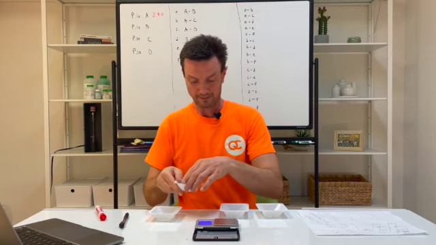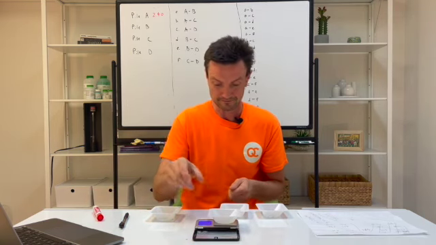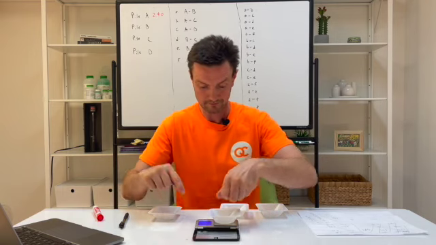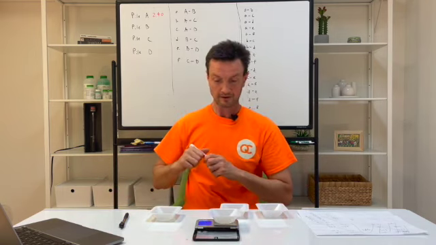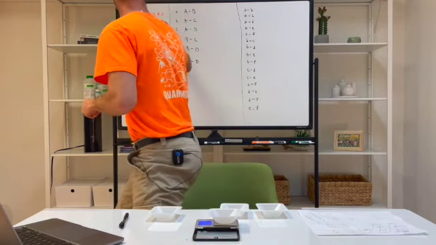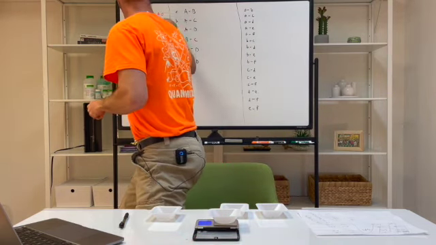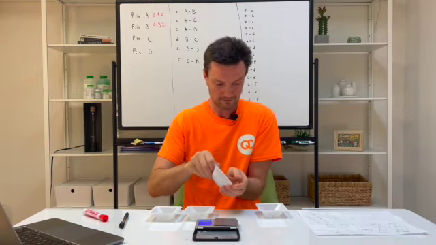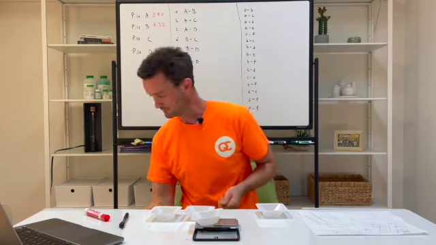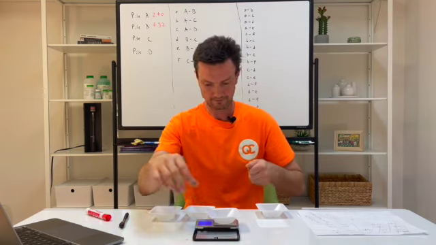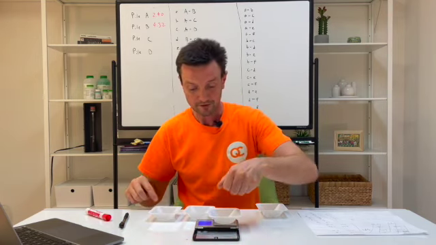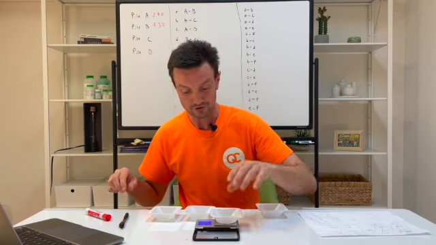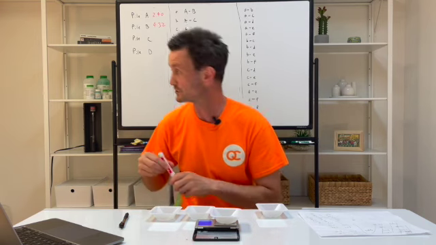So pile B, zero the weigh boat, and we have 4.32. Okay, pile C, got it. Let's see what this one is. We have 6.72.